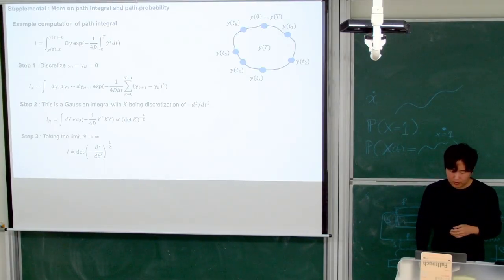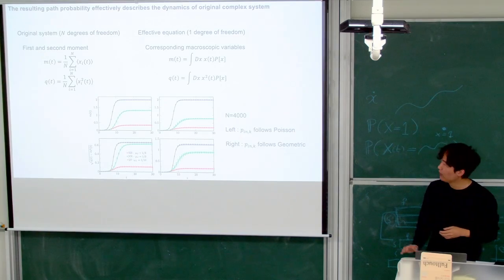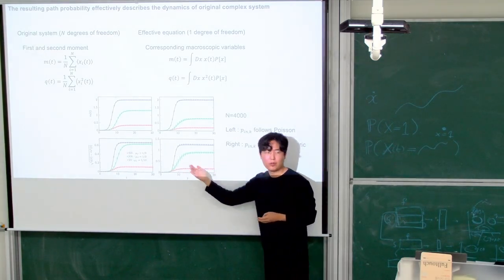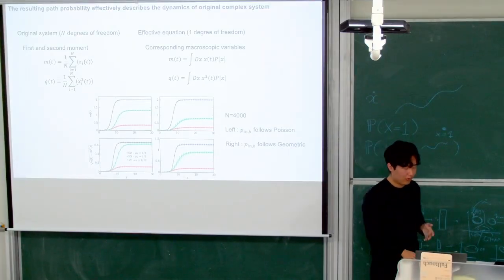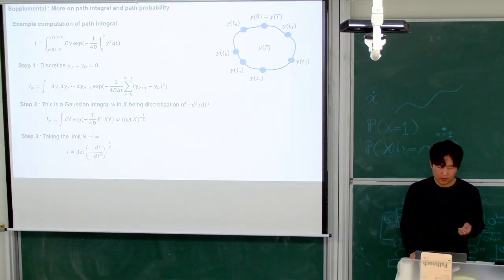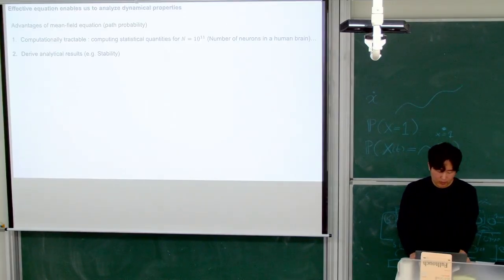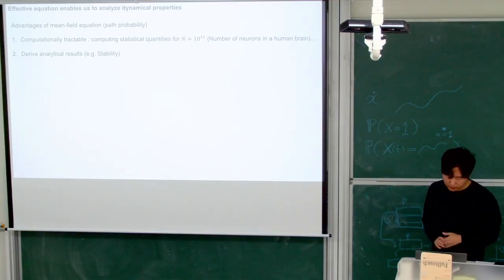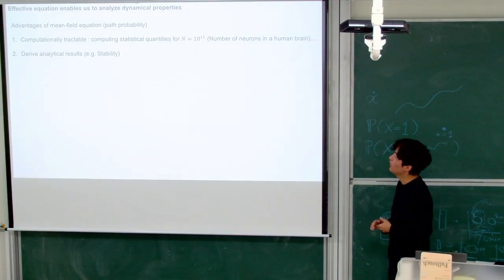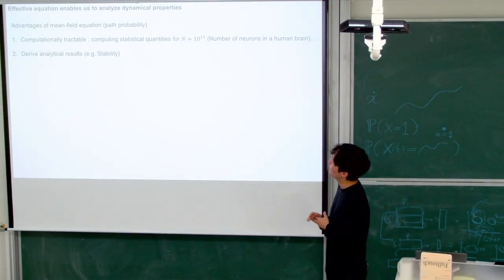So far we see that the effective equation well describes the large number of systems. But what else can we do? Wait, I will tell you. Using the effective equation, we can do something more.